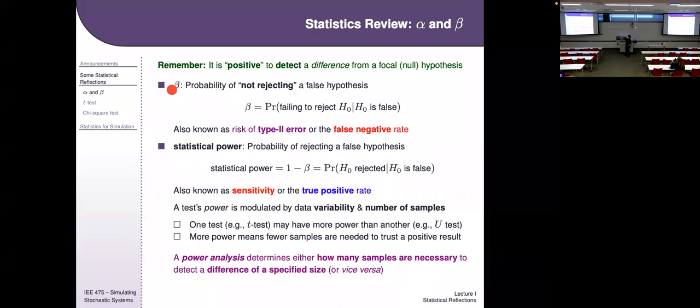And then likewise, beta is the flip side of that. That's type 2 error, false negative rate, FNR. We think of this as there really was an effect there, but we didn't detect it because it was so small that it was buried in what we'd expect from a non-effect case. The flip side of beta is statistical power, 1 minus beta, which we also call sensitivity, or TPR, true positive rate.